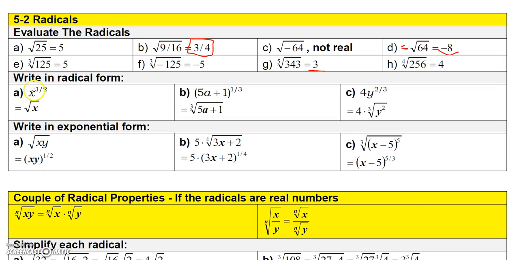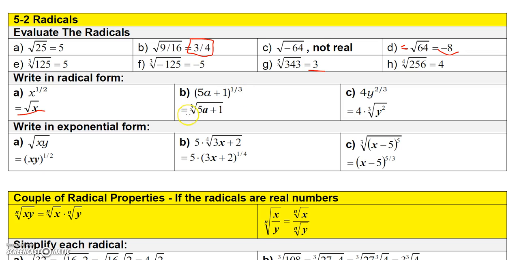And then let's practice writing some expressions in radical form. I showed you earlier that x to the 1/2 just means the square root. So x to the 1/2 would be square root of x. And of course, if you raise something to the 1/3 power, you're taking the cube root.